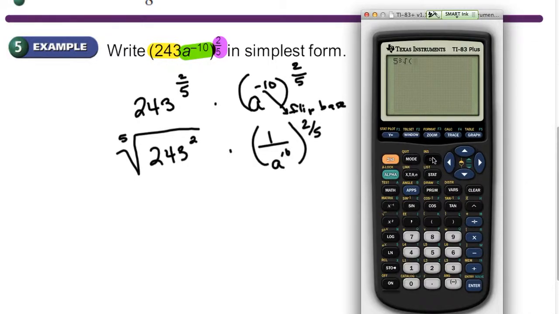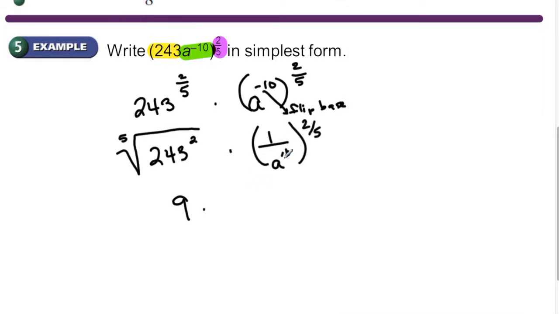I'm going to get it right one of these times, guys. We're going to go down and press 5. So now it says the fifth root of 243 squared. Hit enter. That's 9. All of this is 9. Are you kidding, right?